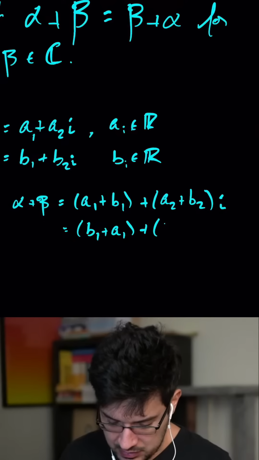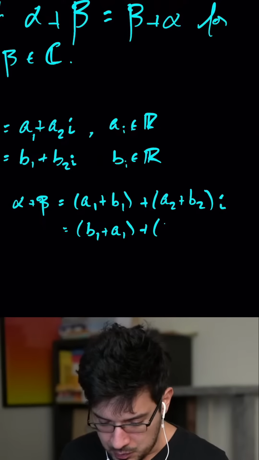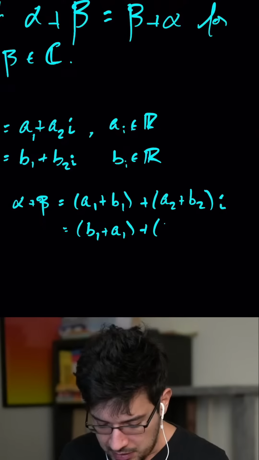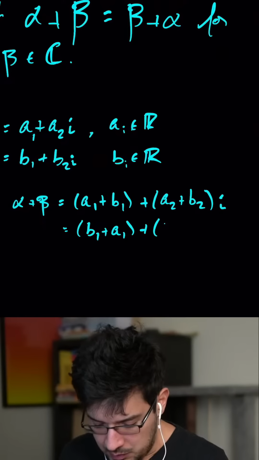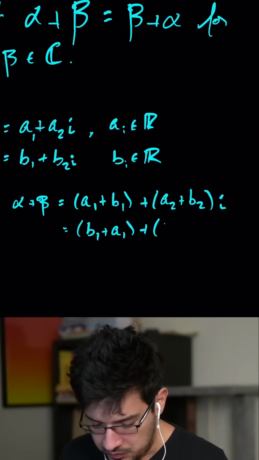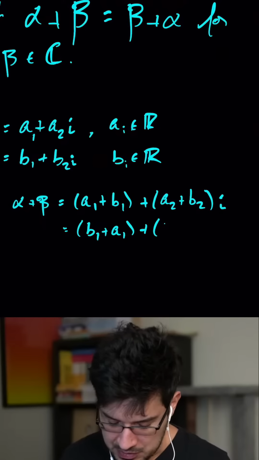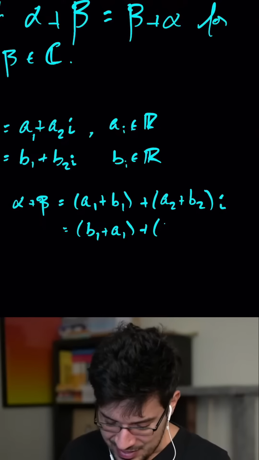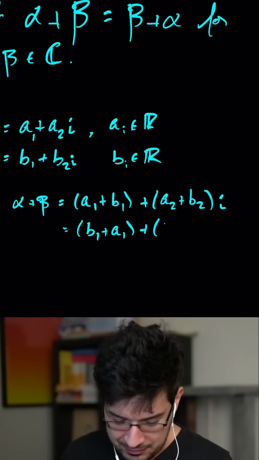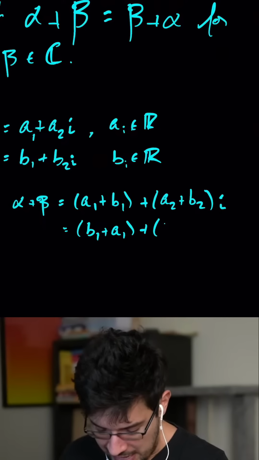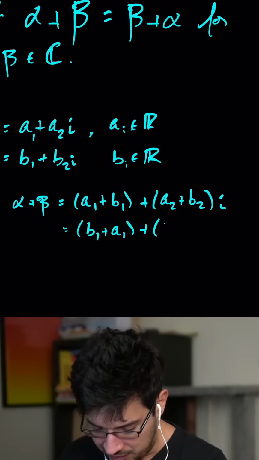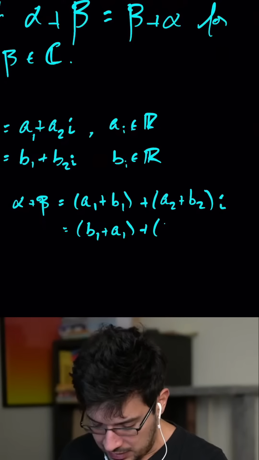And then, as a hint for the problem, we're going to write what alpha plus beta plus lambda equals, equals. You want to start from the left-hand side like that, and then you want to end with the right-hand side like this.